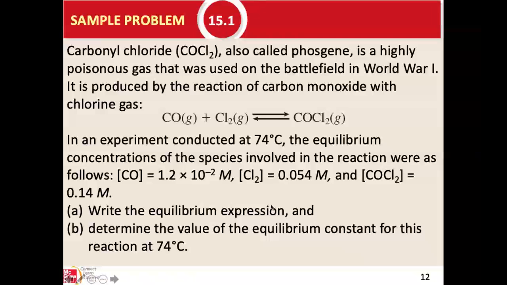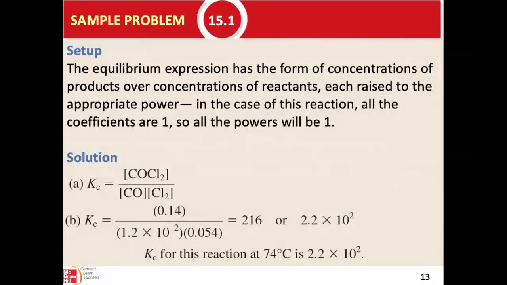So we will write the equilibrium expression. We will look at the balanced equation. It will be the concentration of the product raised to the power of its coefficient over the concentration of the reactants, also raised to their power of 1.